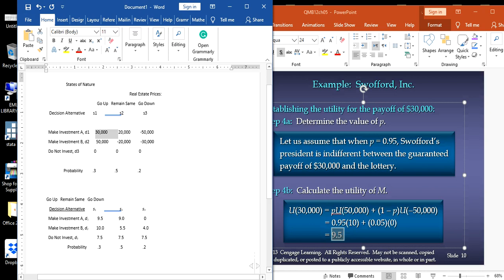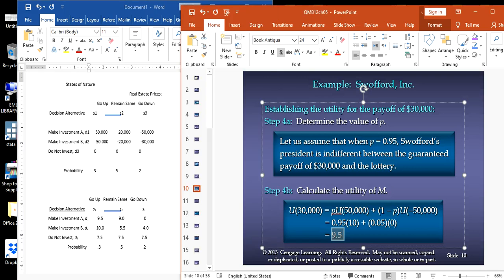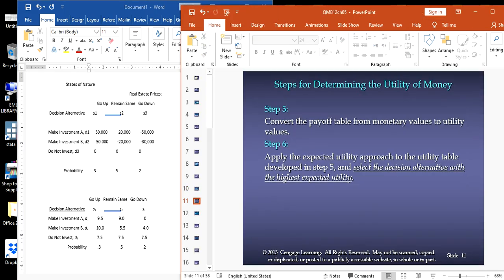The same procedure is applied for all these values and we get these numbers over here. Utility. So we created another table of utility over here instead of monetary value, instead of dollars. Then we go to step 5.